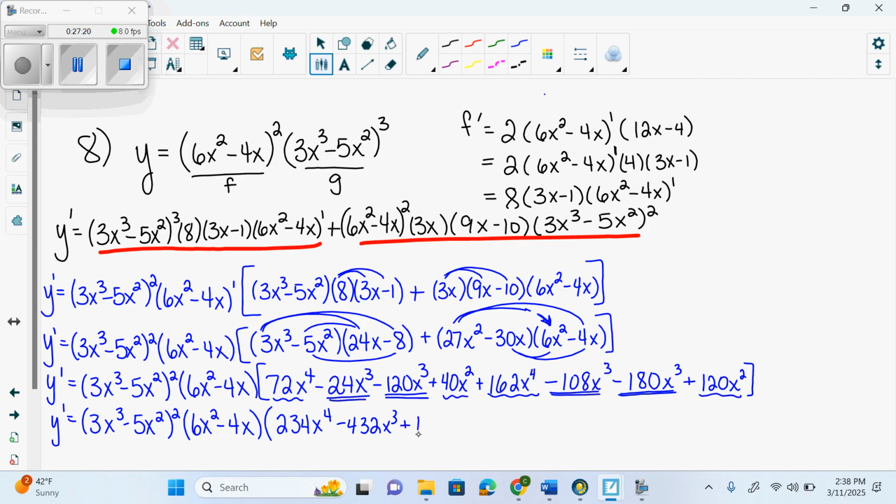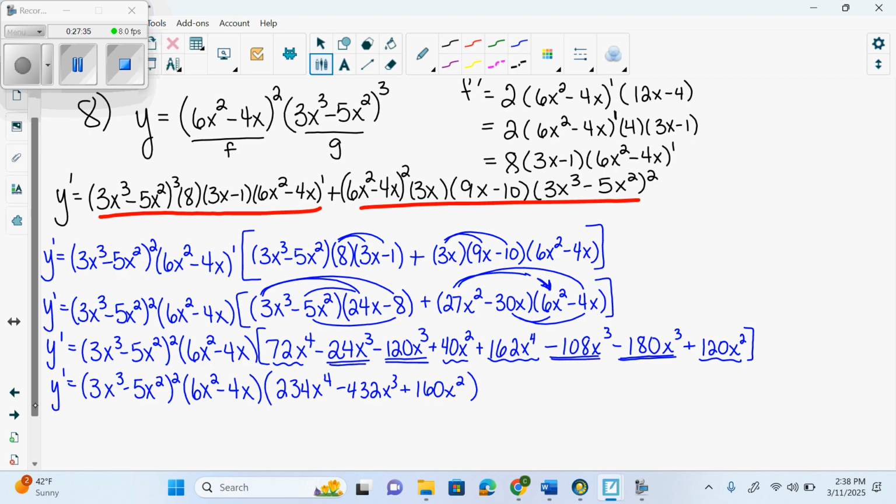Oh, this one's nice. 160x squared. And guys, if we can take something out, we do. You can't. Well, you can. We're going to take it out in the next step. What can you take? Well, I know you can take a 2 out at minimum. Can we take something bigger? Can we take a 4 out? Can't take out a 4.